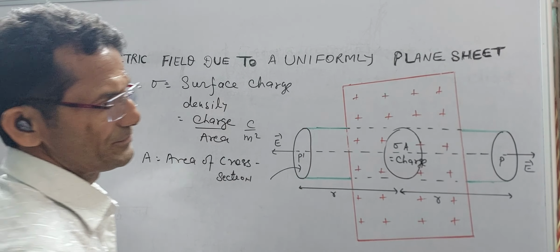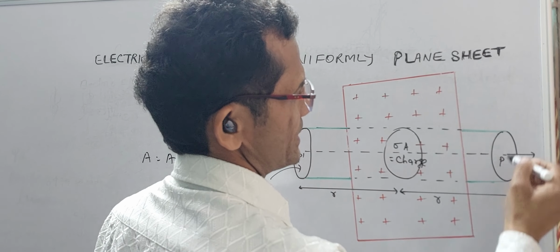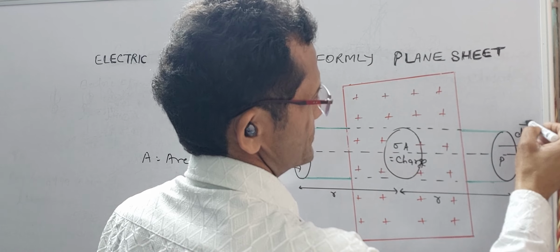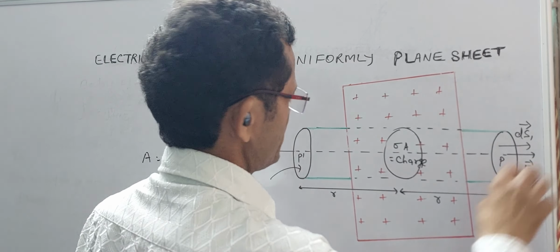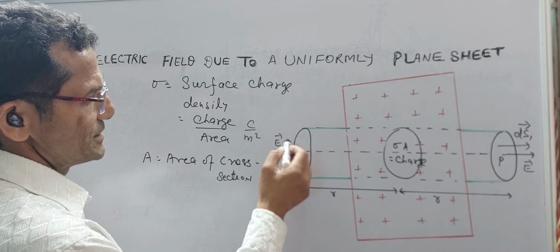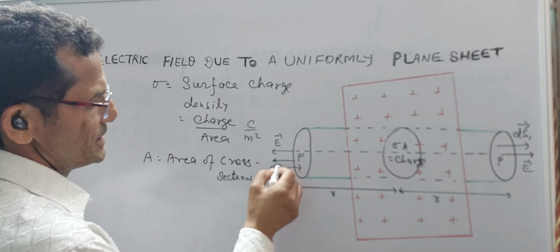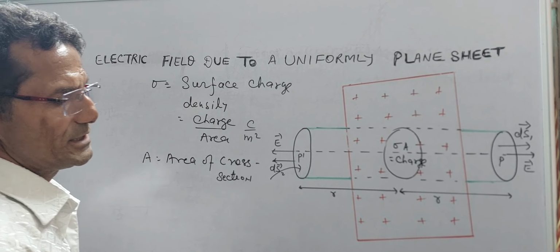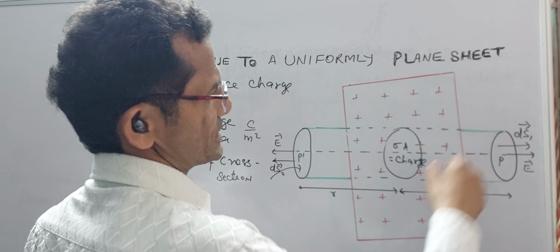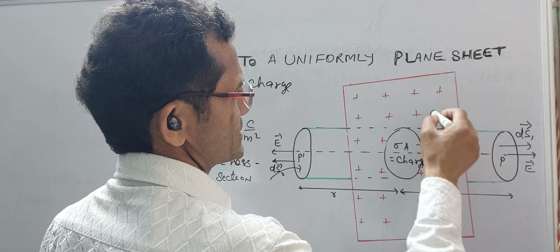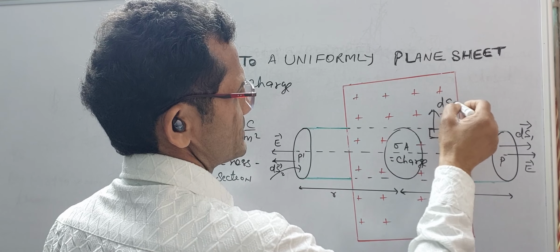So we know that its area vector will be in the direction of E. Suppose this is ds1, in the direction of E, and its area vector will be in the direction of E also. So it is ds2. Now another surface will be this curved surface. If you take a small area of this, its area vector will be in the upward direction.